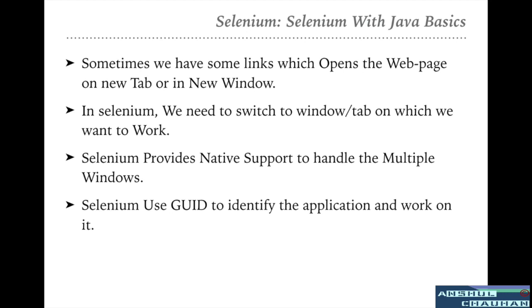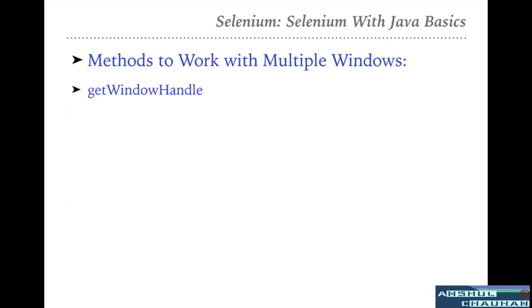So let's see what methods are available in Selenium to work with multiple windows and tabs and how we can use them. The first method is getWindowHandle. Selenium calls that GUID a window handle. With getWindowHandle, we can find out the GUID of the current working window.